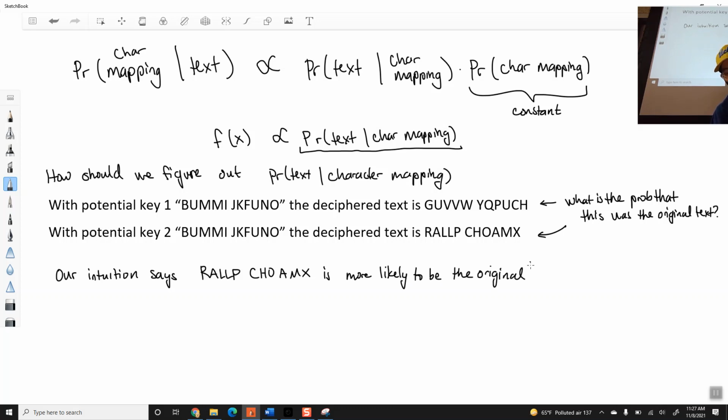It's not the original text, but if we were forced to choose, this one seems a little bit more likely as the original text. So that means potential key 2 is the more likely character mapping.